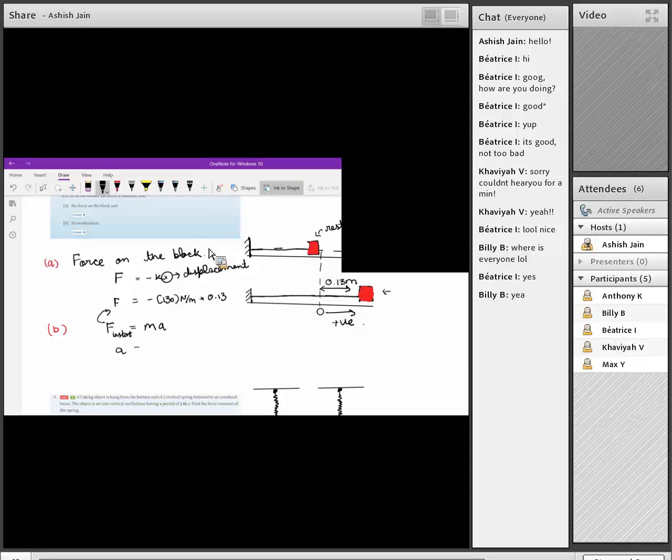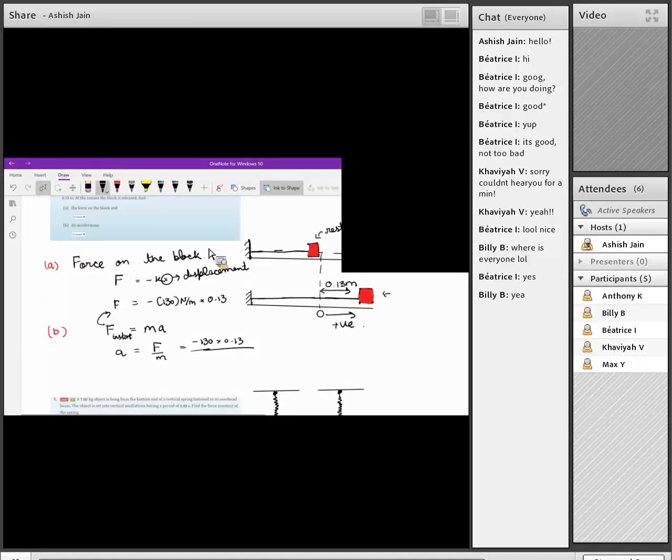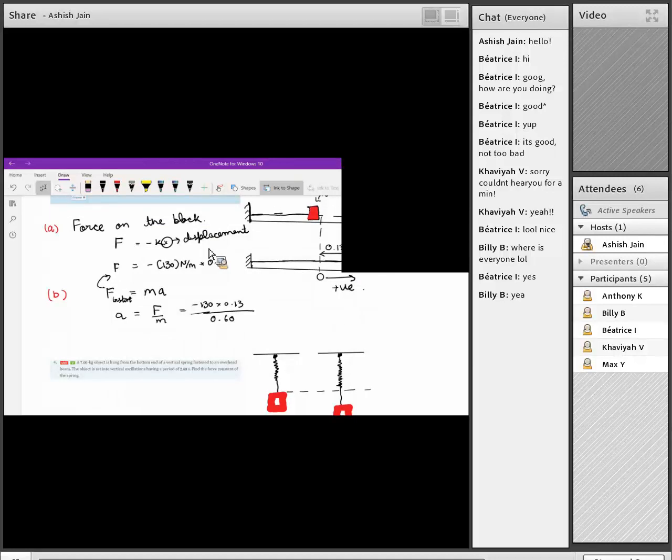Then you can find acceleration as force by m, and m is given. I think it's straightforward. So I can safely move on to the next question.